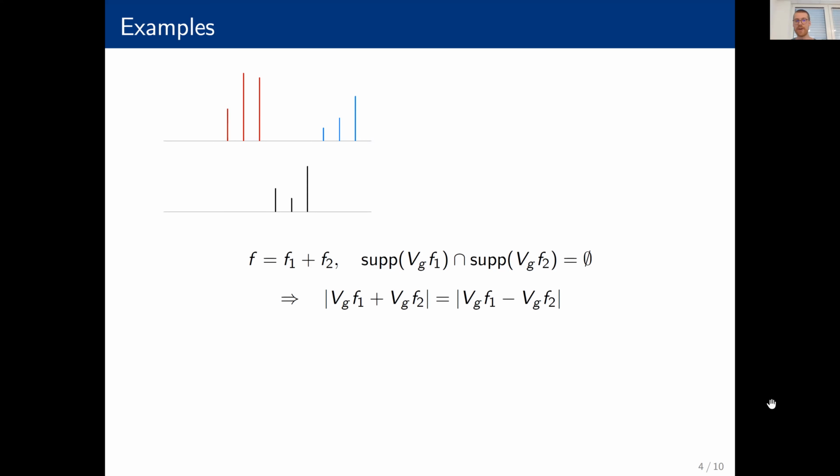And this emphasizes the fact that we can basically get the global phase on the red part and get the phase on the blue part, but we cannot see how the phases interact with each other on the red and the blue part. So f1 plus f2 and f1 minus f2 are in this case two signals which do not agree up to a global phase factor, but agree in absolute measurement. So phase retrieval is not possible in this case.